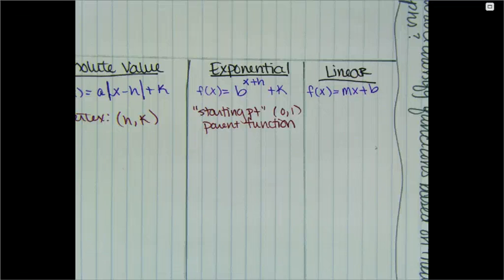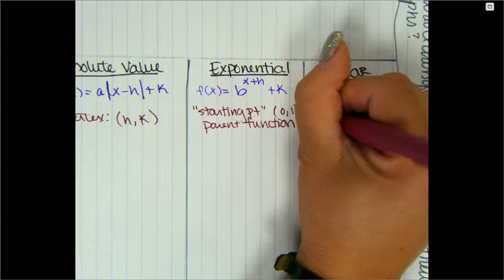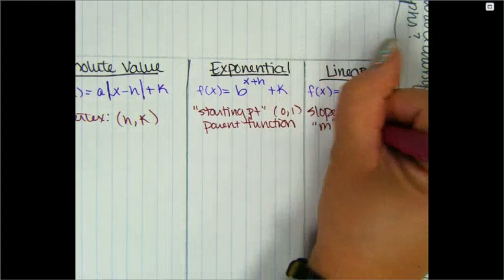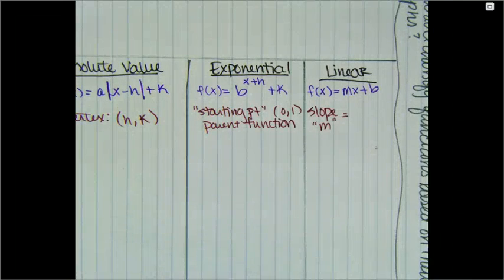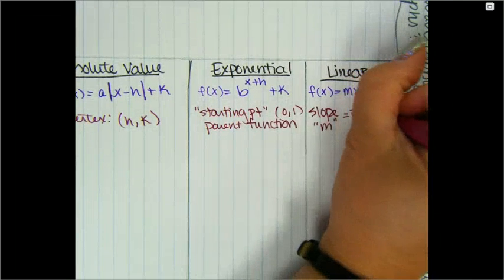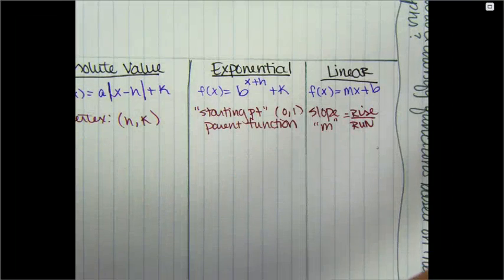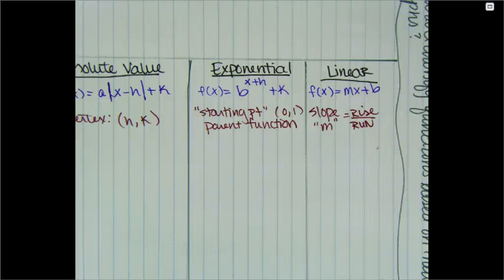What do linear functions have? They have slope. That's what slope is. It has rise over run, which is your slope.